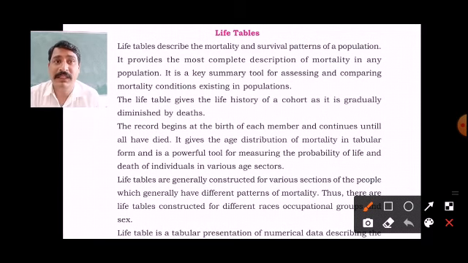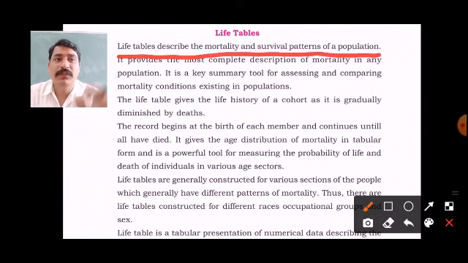So what is this life table? The life table describes the mortality and survival pattern of the population. It provides the most complete description of mortality in any population.